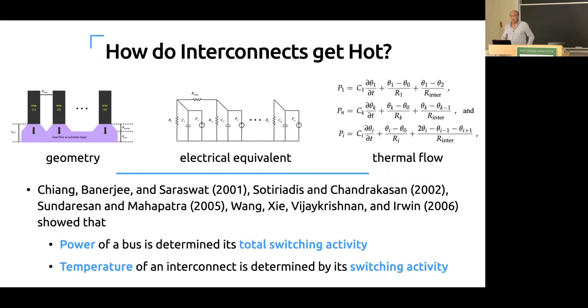In a series of papers between 2001 and 2006, by looking at the physical geometry, the electrical equivalent, and the thermal flow in these interconnects, what's surprising is that the power and the temperature of a bus can be quite simply described as being determined by its switching activity. I'm going to tell you what switching activity means.